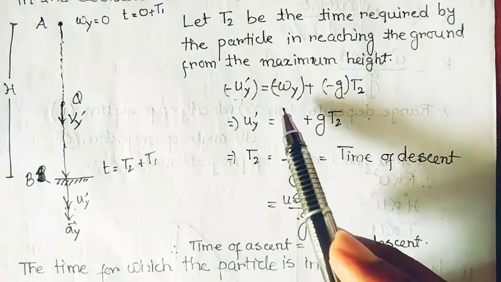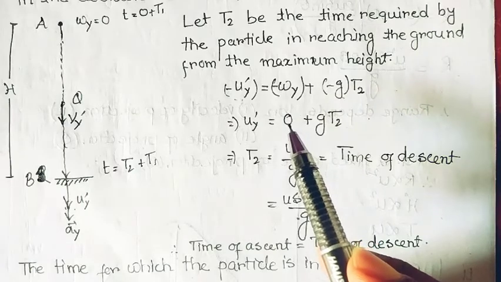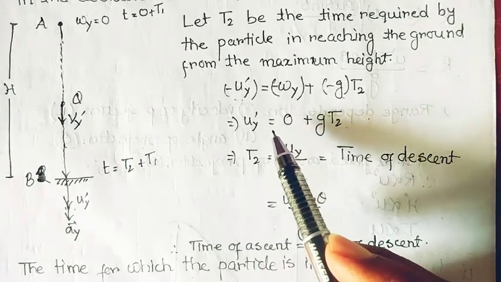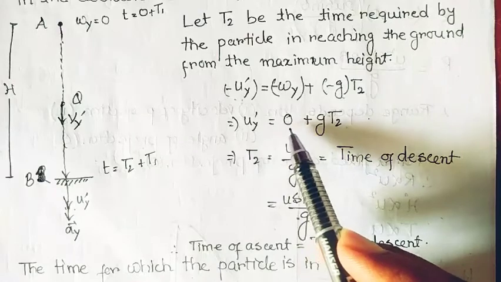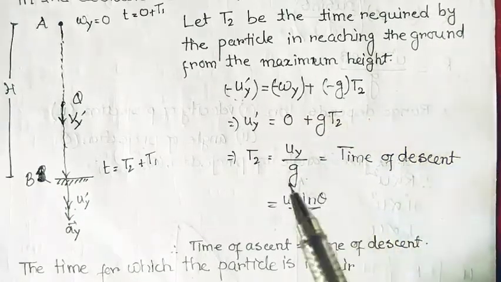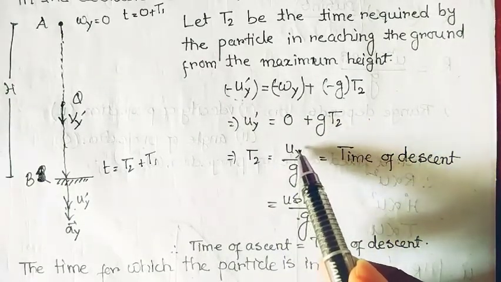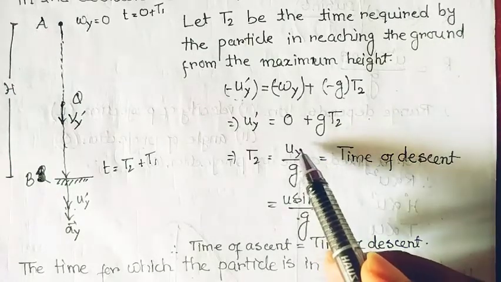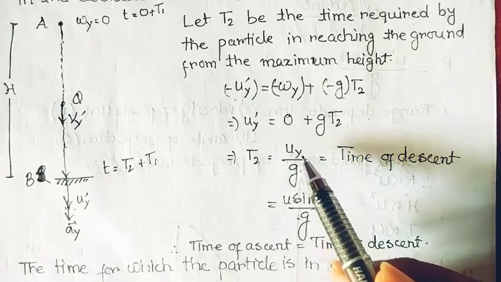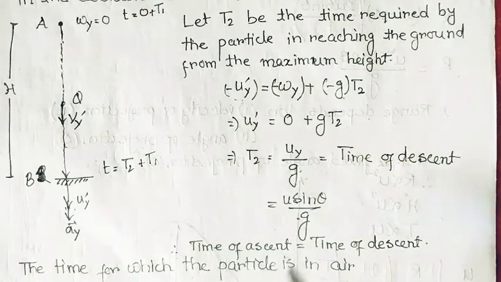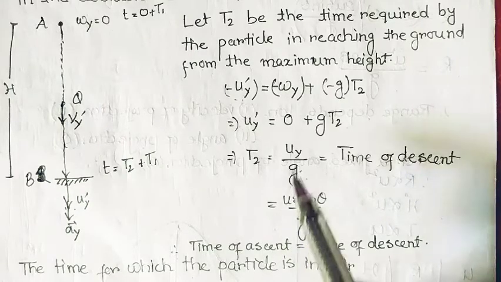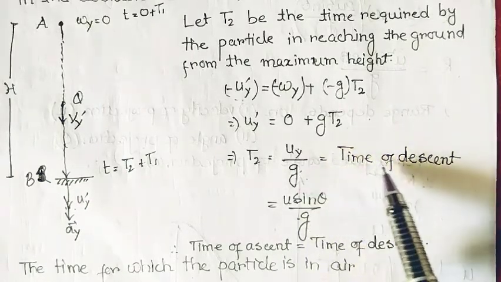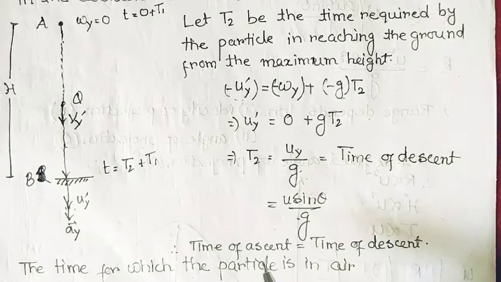It is for obvious reasons, because when the particle is at the maximum height, the y component of the velocity is 0. So w_y prime equal to 0 plus g t2. So from here t2 equal to u_y prime by g, but here I am replacing u_y prime by u_y, because u_y prime and u_y are equal. Then u_y by g gives the equation of the time of descent, the time taken by the particle in returning back to the ground from the maximum height.